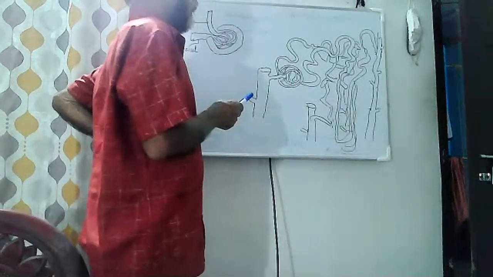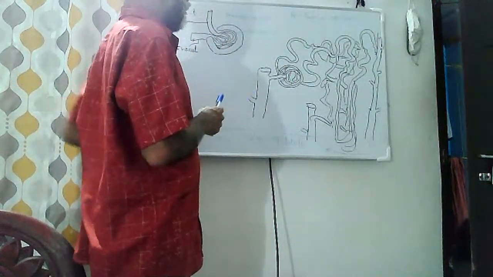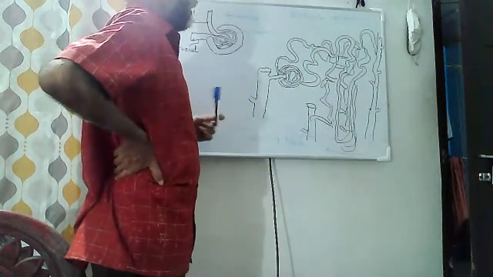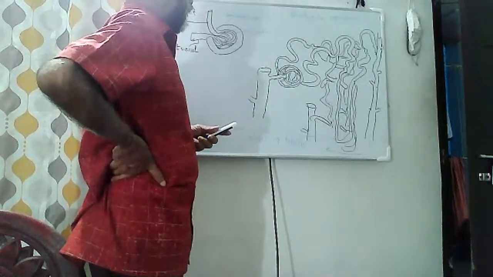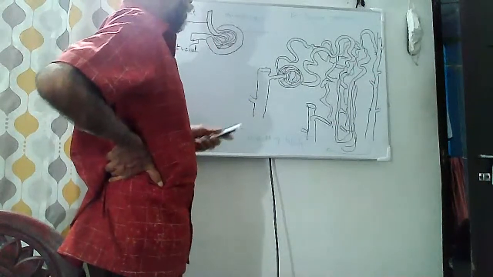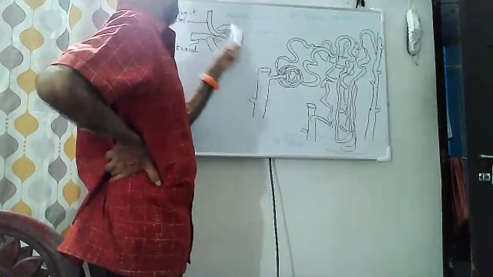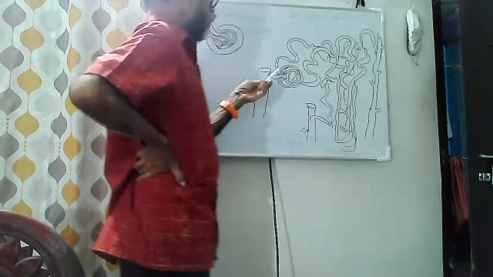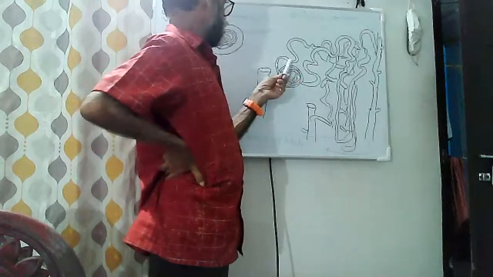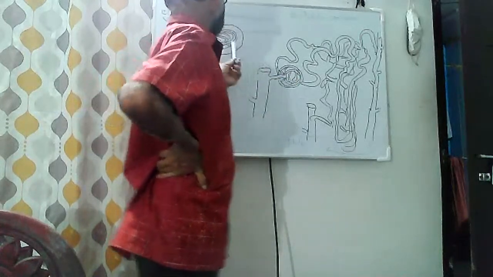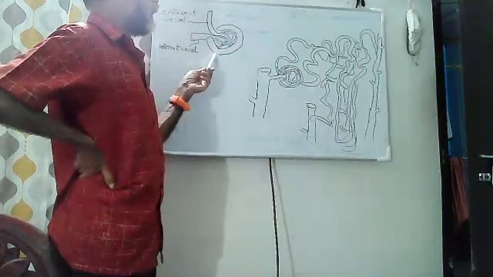Then the parts will be seen as is drawn here on the board. We'll be seeing these sort of parts, which are called Bowman's capsule.